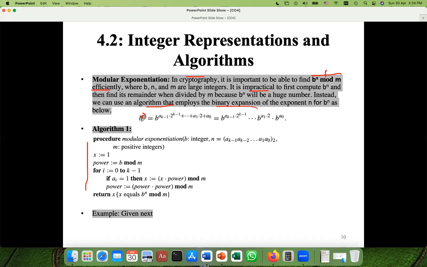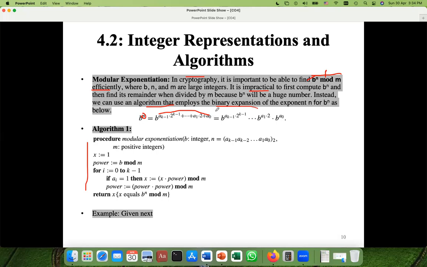According to that algorithm, if b^n is given to us, we will convert this n, the raised power, into a binary representation: a_{k-1} multiplied with 2^{k-1}, plus and so on, a_1 multiplied with 2^1, and a_0 multiplied with 2^0, which is 1.